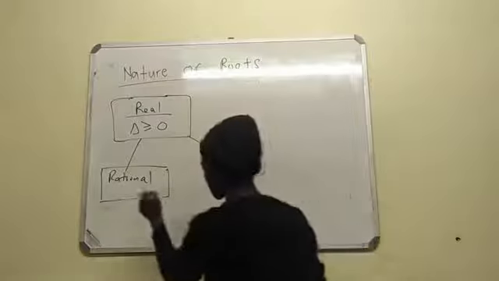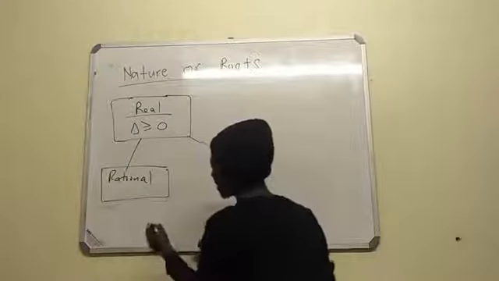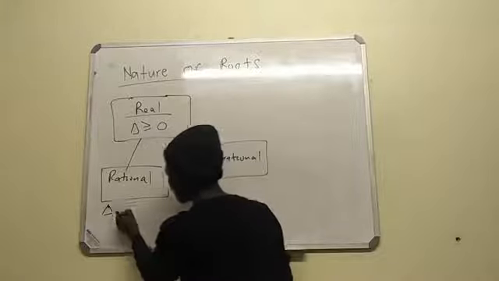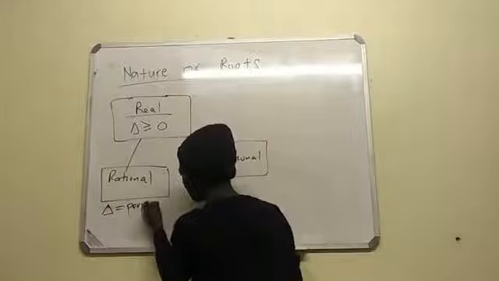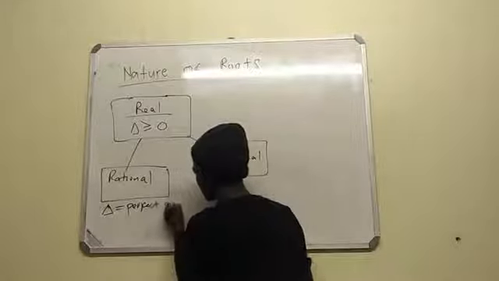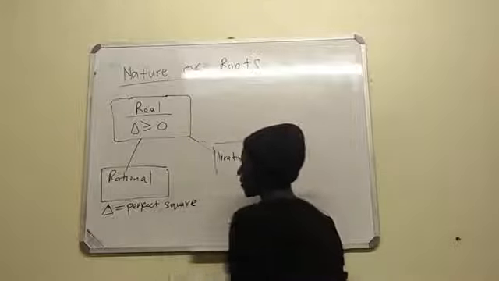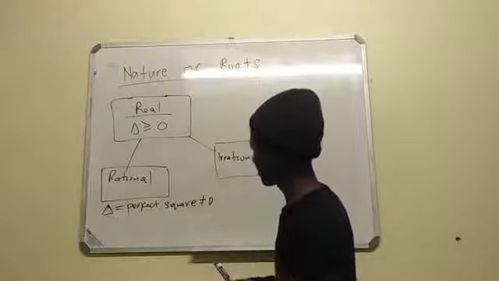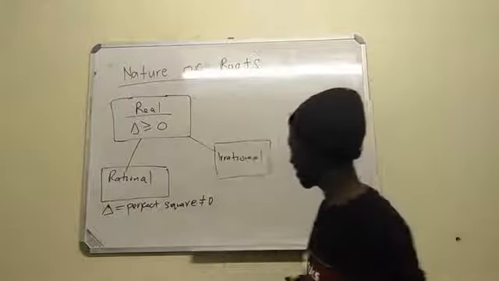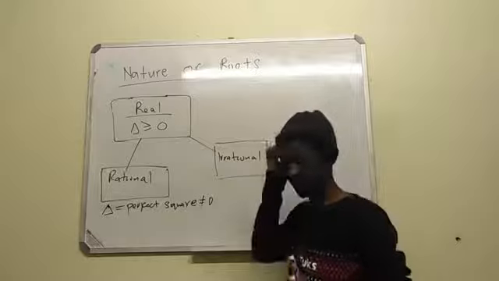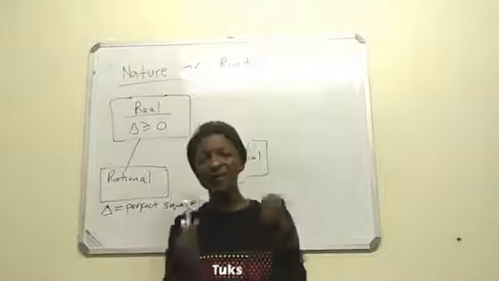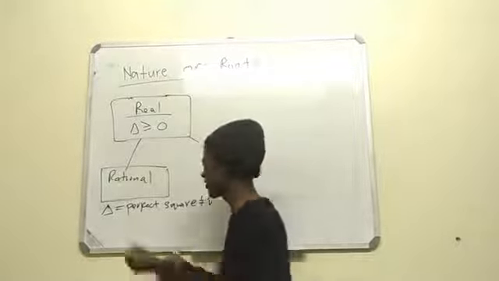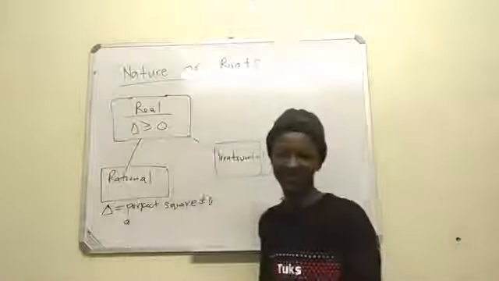So if this delta is equal to a perfect square, and it must not be equal to 0, what is a perfect square? A perfect square is a number whose square root you can find. For example, 9 is a perfect square, because of the square root of 9.